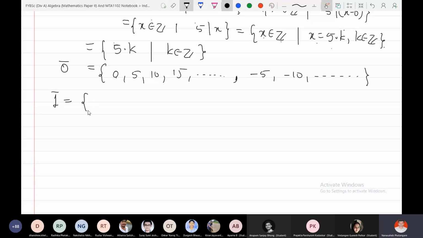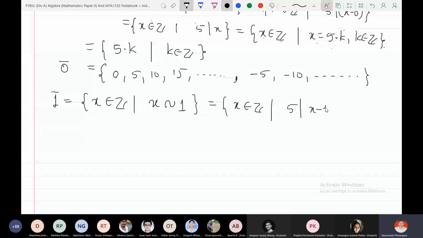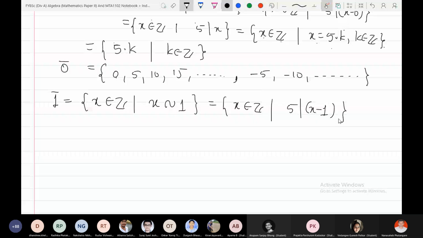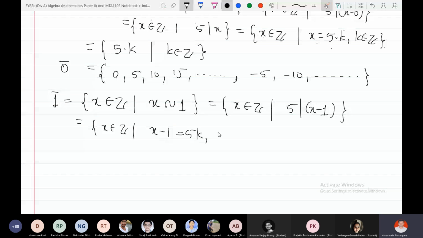Those integers which are related with 1 are those for which 5 divides x minus 1, that is, x minus 1 is 5 times k, a multiple of 5.